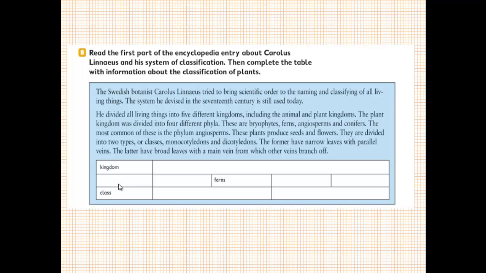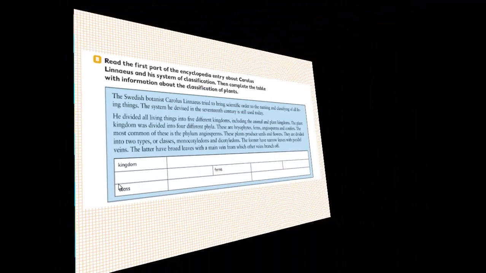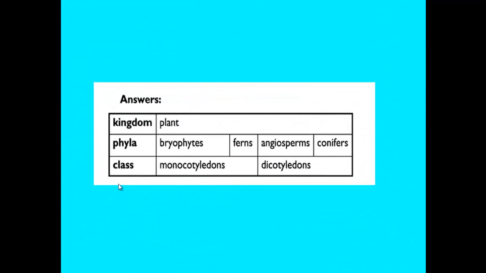Then we have a class. So the kingdom is the kingdom of plant. Under phyla we have bryophytes, ferns, angiosperms and conifers. Under the title of a class we have monocotyledons and dicotyledons. And we can see it here in this table.